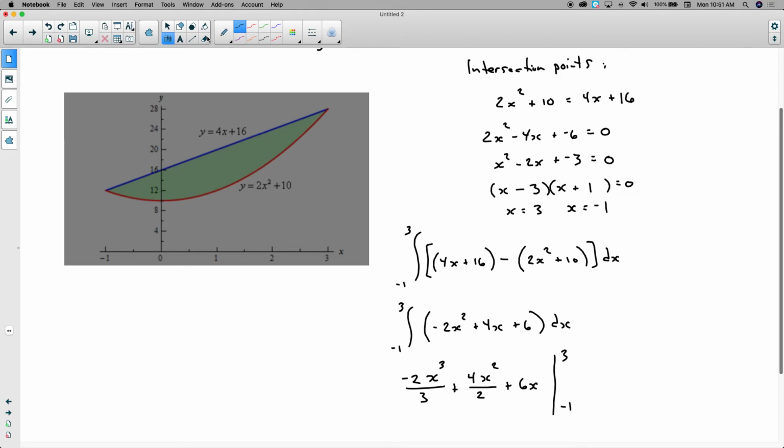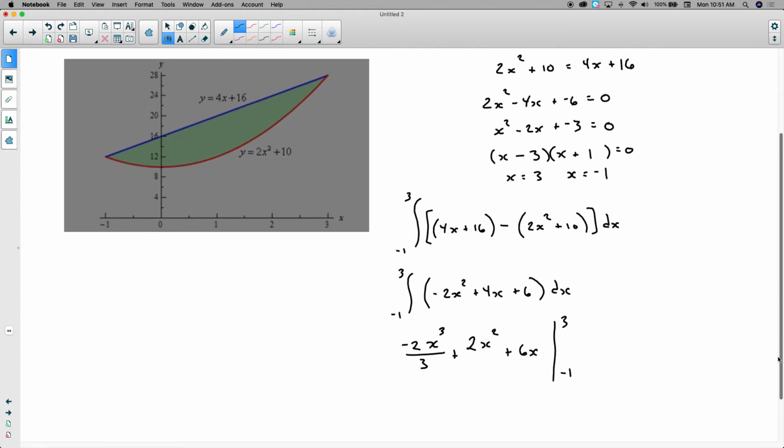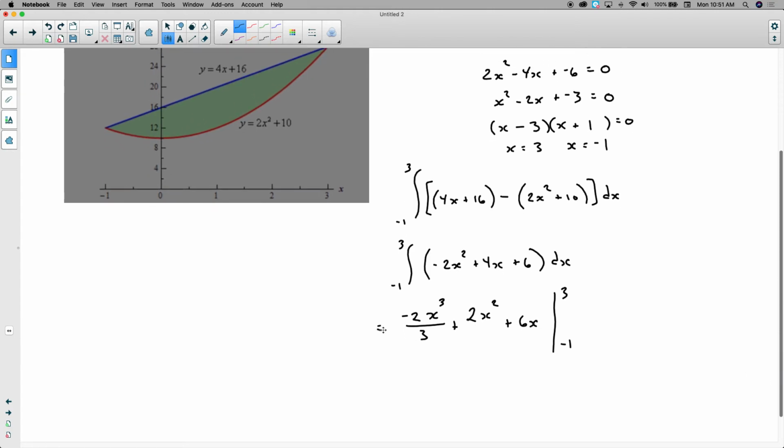All right, clean this up a little bit right in here. And just call that 2x squared. Okay, so build some parentheses because minus signs are coming, and put in 3.